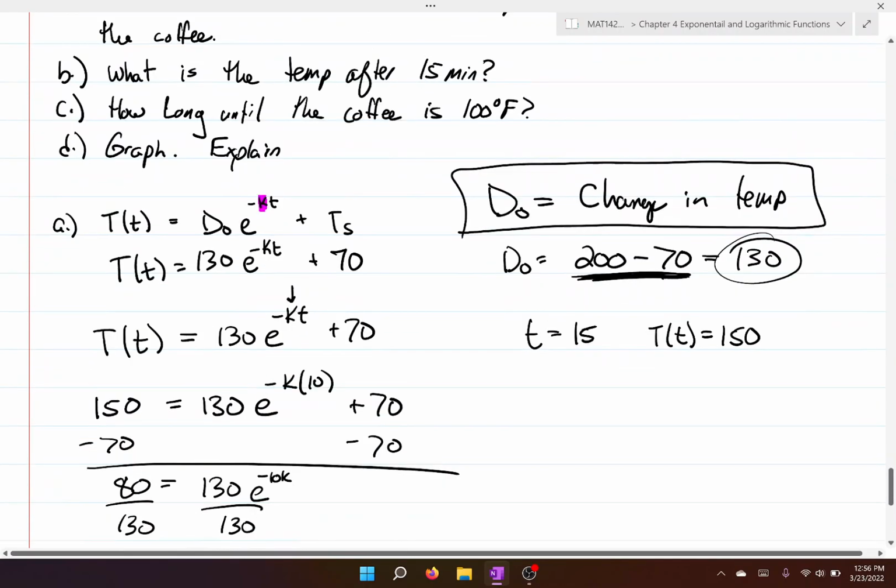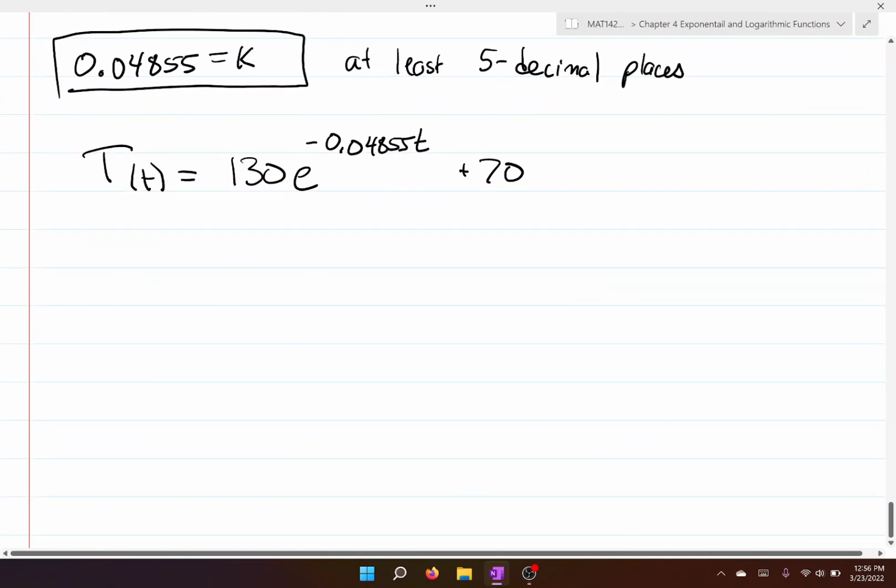Part B, what is the temperature after 15 minutes? All right, so let me write that down. Temp after 15 minutes. Well, this is nothing more than just plug and chug, which is really, really nice for us.